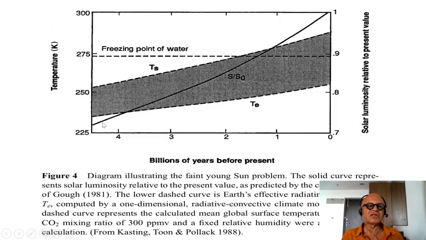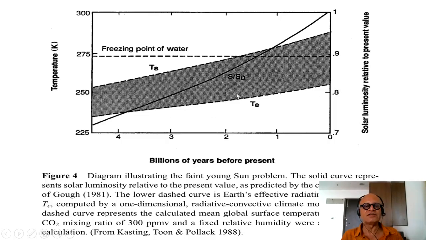The faint young sun paradox basically says if the sun's luminosity was 30% lower and the energy coming in was much lower, the equilibrium with the given CO2 of, let's say, 300 parts per million by volume and fixed relative humidity would have given us a radiative convective equilibrium temperature here, which is much lower than freezing throughout.